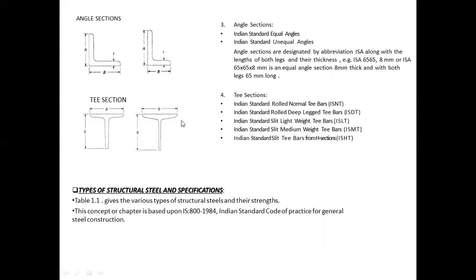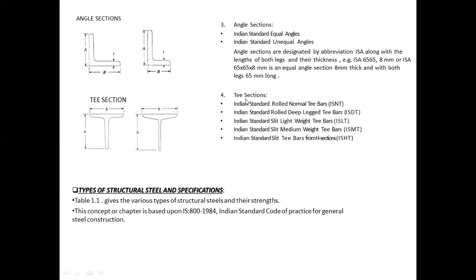Okay, so next is T section. Here in the left side they have given us the diagram of T sections. Okay, two types of T section, this has a broader web, this has a thinner web.